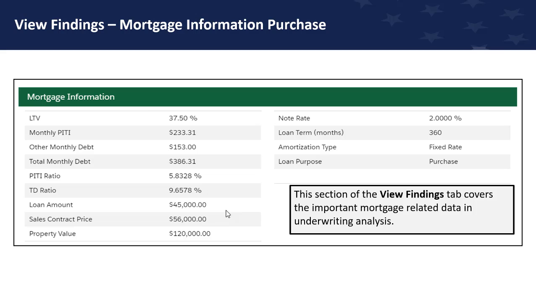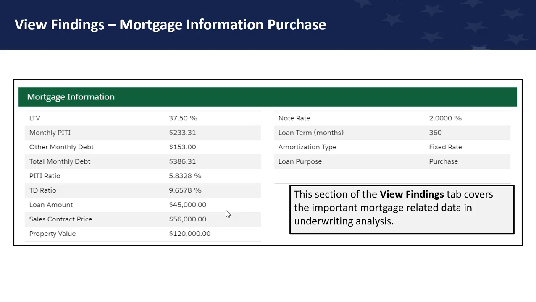PITI ratio is calculated based on loan request. The calculated PITI appears under monthly PITI. TD ratio, or total debt. This is calculated based upon the loan amount and liabilities to be included in the underwriting recommendation.